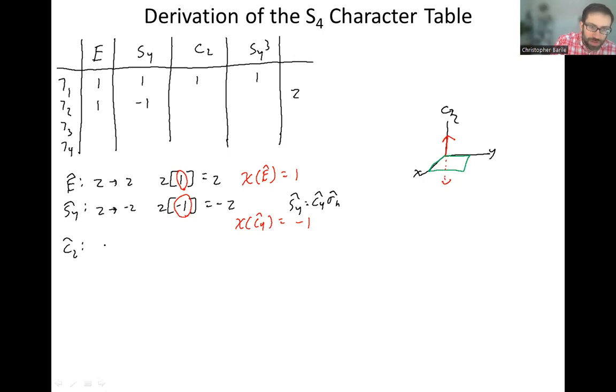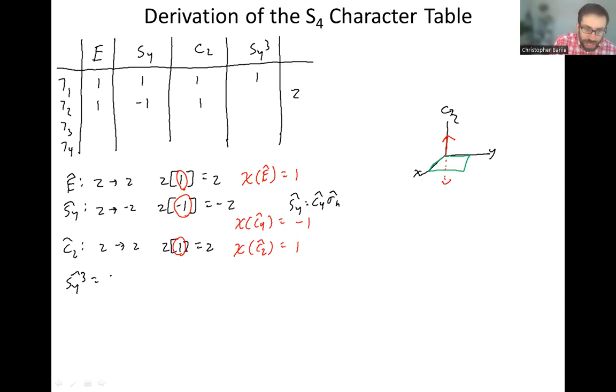Next, we do C2. C2 is going to take Z to Z. And for the same reason as we talked about before, now it's a 180-degree rotation, but still that Z vector is going to be pointing up. So we have a 1-by-1 matrix, and we take the trace of that matrix, and that gets us just 1. So we have a character of 1 here. Last one is the S4 3 times.